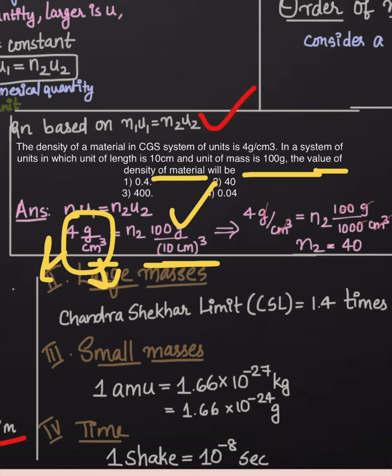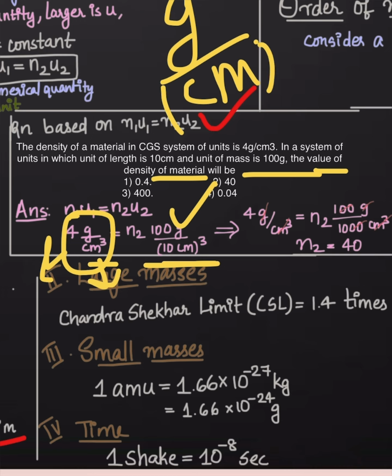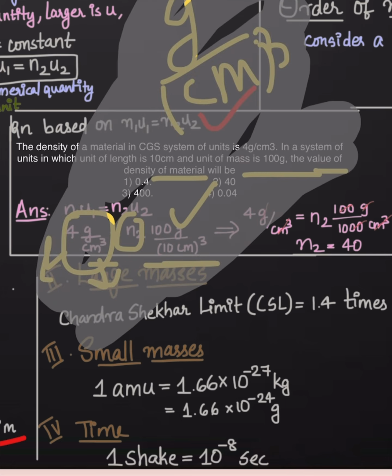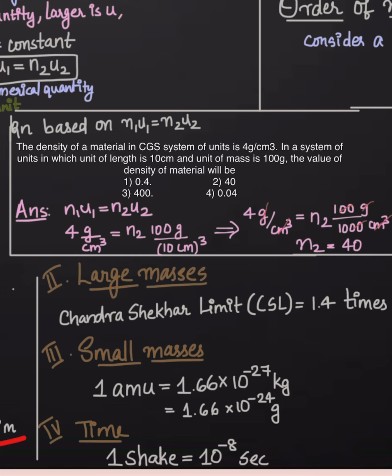What is the value of the density of the material? We have to find the density. Density is equal to mass divided by volume. So it becomes 100 gram divided by the volume, and we have to find the value of n2. Firstly, n1 is given in this question: 4 gram per centimeter cube.